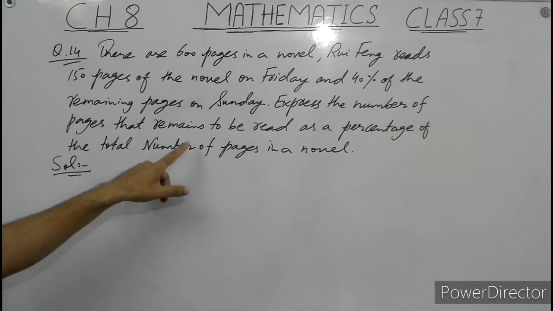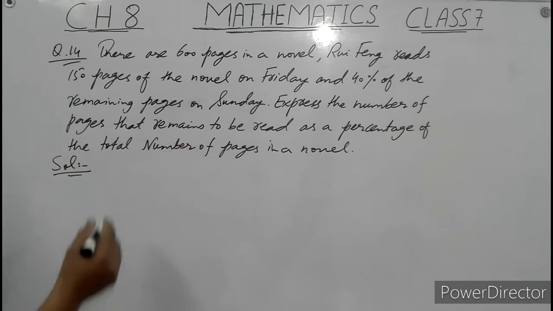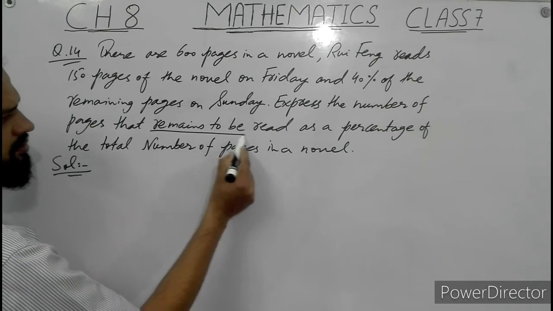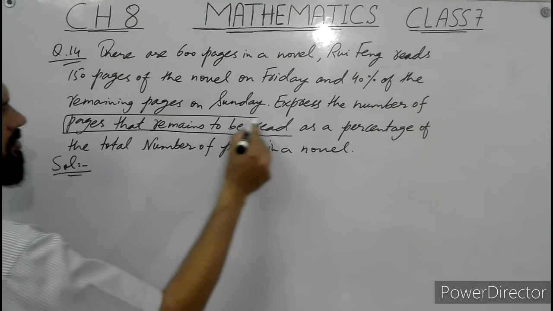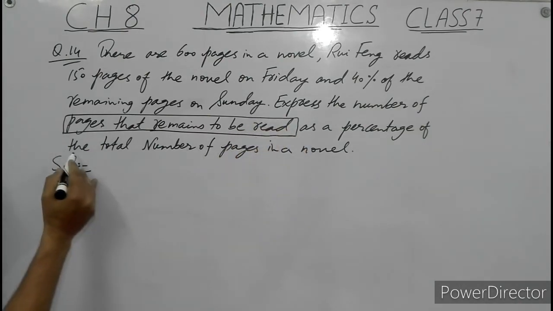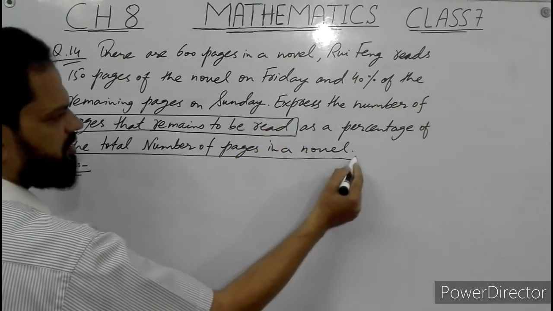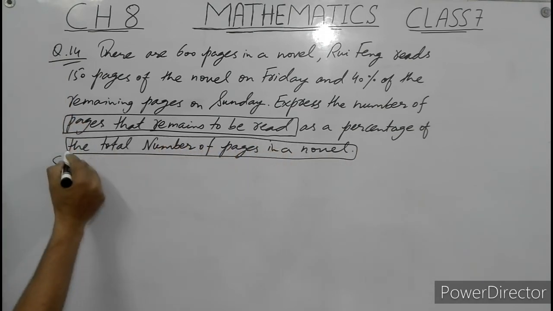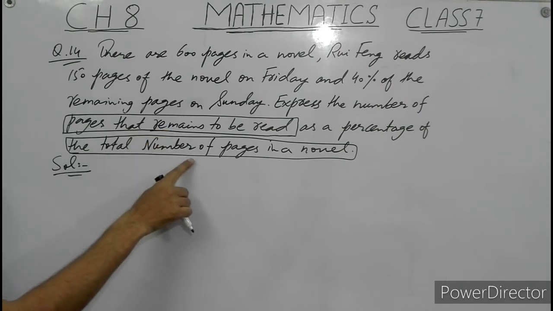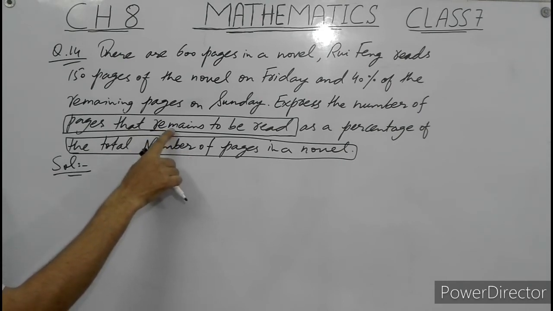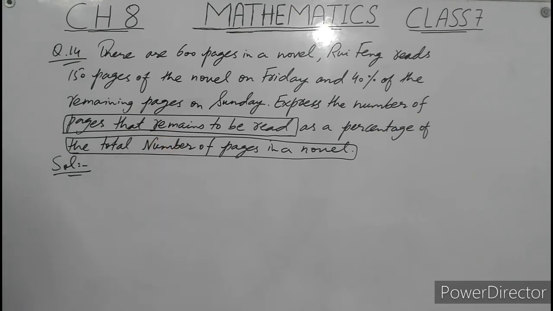Then I will form a percentage of the remaining pages of the total number of pages in the novel. First quantity will become numerator and second quantity will become denominator.